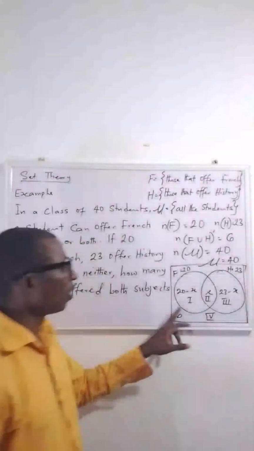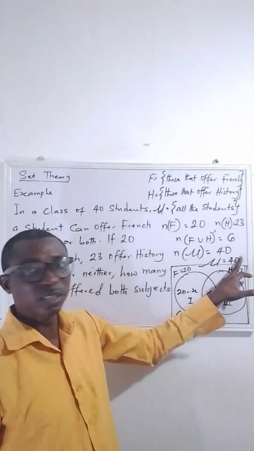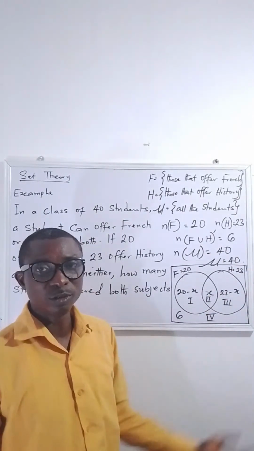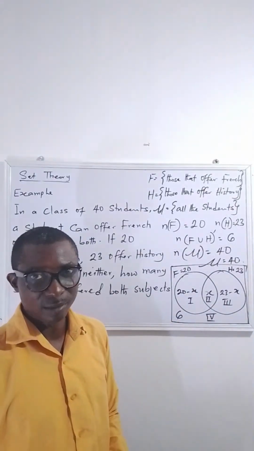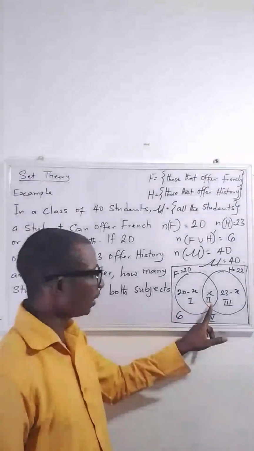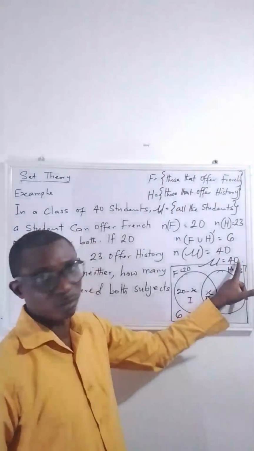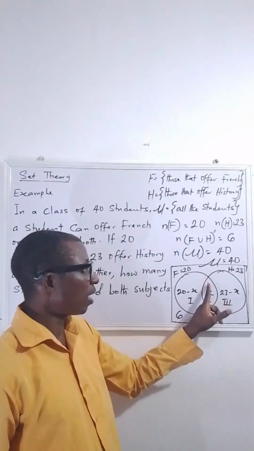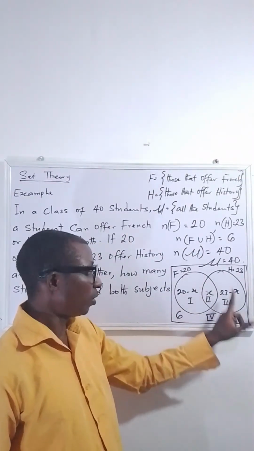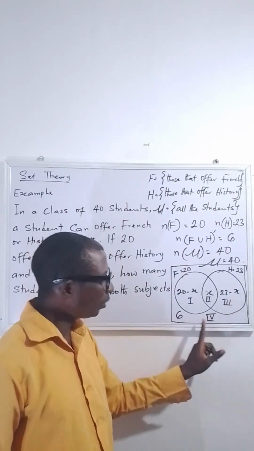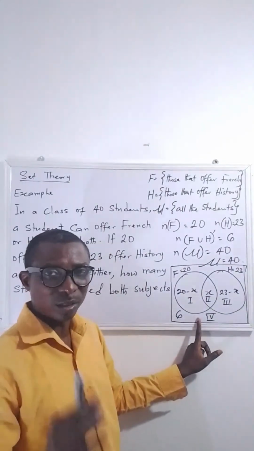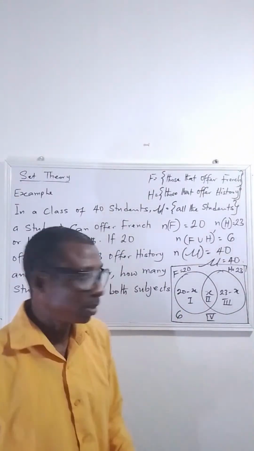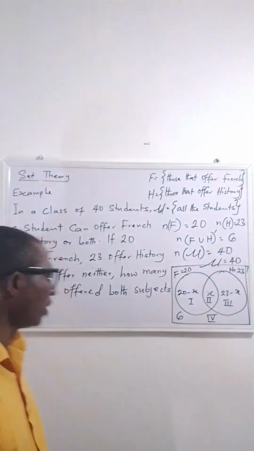If you add all these 4 parts together, it must give you 40, because all of these sets are inside the universal set. So I will add these together and equate it to 40: those that offer French only, those that offer French and history, those that offer history only, and those that offer neither history nor French. So let's do that quickly.